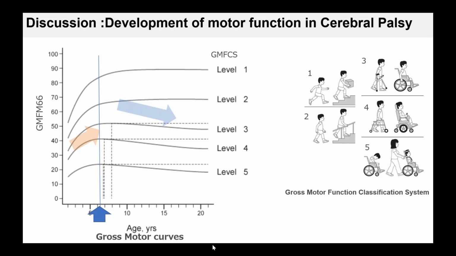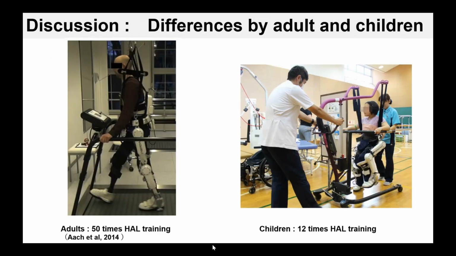Another advantage of HAL training is that improvement has been noticed with fewer repetitions in children than in adult patients. In this study, as few as 12 repetitions of the training clearly produced improvement in walking ability and gross motor function.